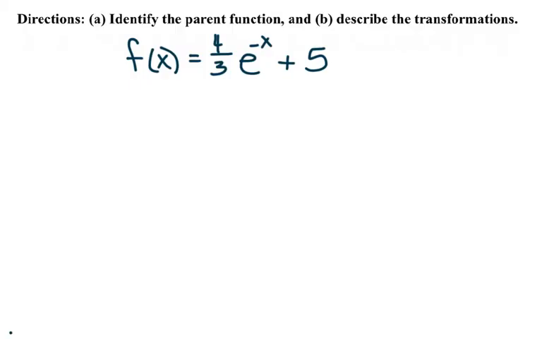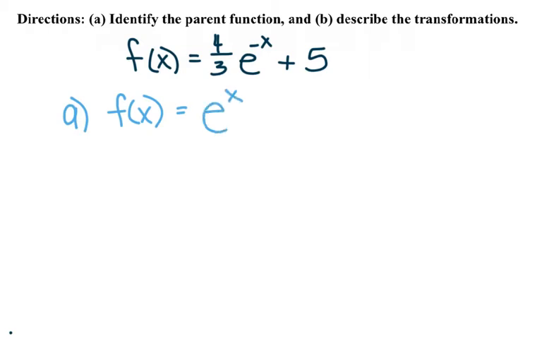Okay, so we're going to do the same thing with this one. A, we're going to identify the parent function, so what was the original, and then B, we're going to describe the transformation. Okay, so the parent function, I don't really need that 4/3 there. It's not like a base of an exponent or anything. So my original would be this.